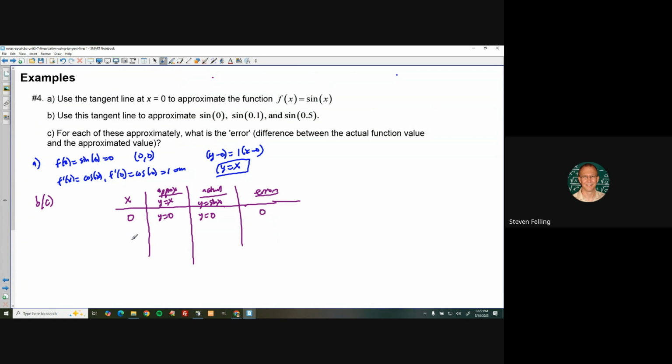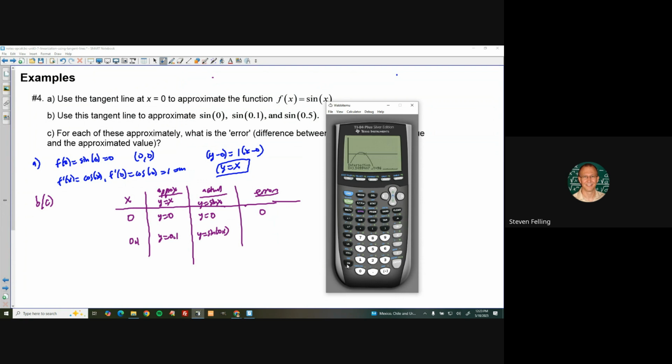Right? But if I were to go to 0.1, then y would be 0.1. This would be the sine of 0.1, which I'm going to go ahead and use a calculator for that. So sine of 0.1 is 0.0998.